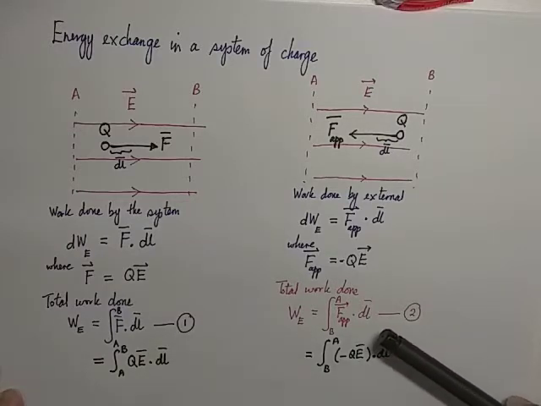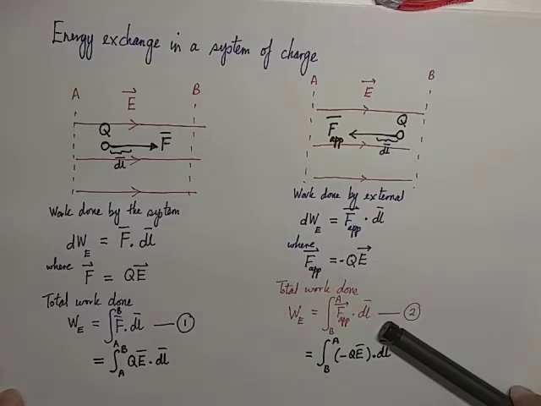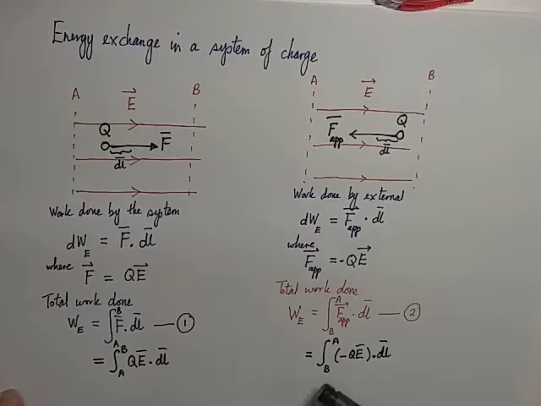The second equation refers to work done by external, even though the final result gives you the same output. So for us here, it's not the final result that is important. What's important is the process of getting the final result. I'm going to explain it further when we talk about potential difference. Okay, so let's recap these equations, number 1 and number 2.